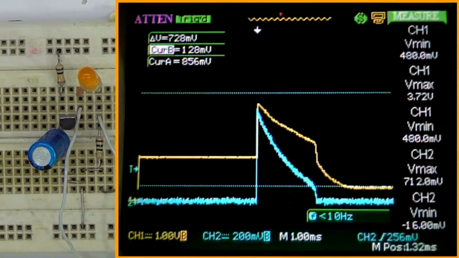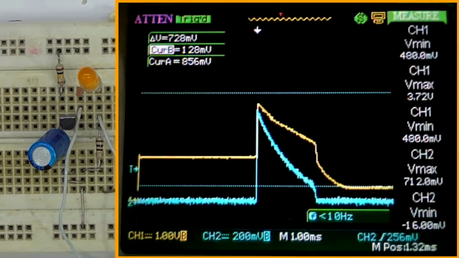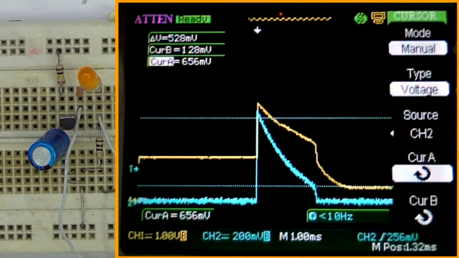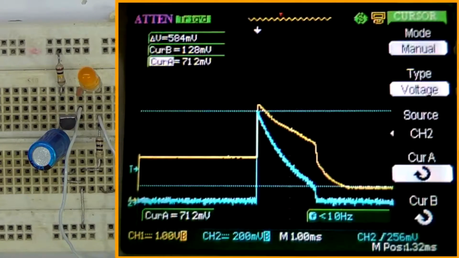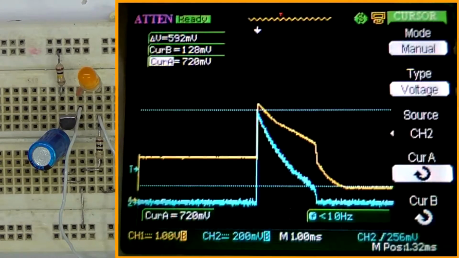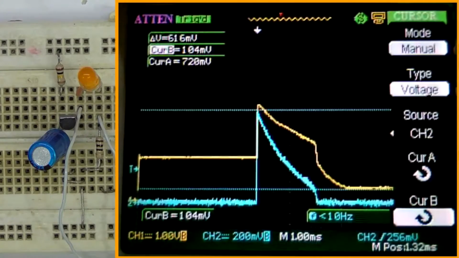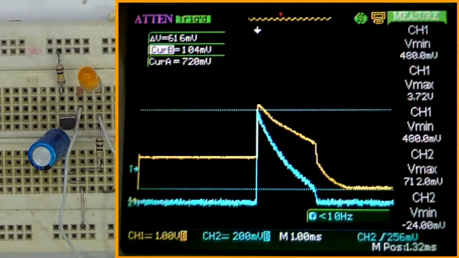So it goes from a peak of 73 to 13. Just adjust that cursor. I should be able to go by the measurements there, but it doesn't hurt to get the cursors right. While I'm at it, might as well get cursor B down there. So with the new adjustments, we're at 72 milliamps and 10 milliamps.